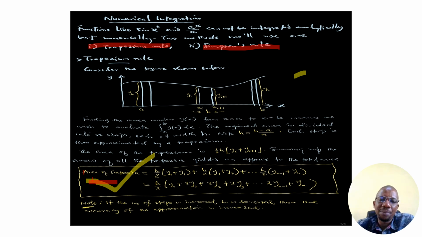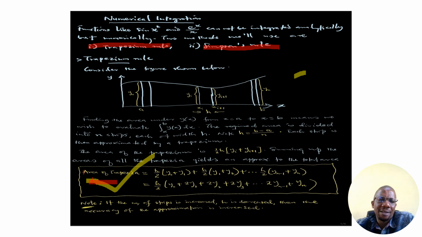Note, if the number of strips is increased, h is decreased, then the accuracy of the approximation is increased. What we're actually doing in numerical integration is finding an estimate, an approximate value of the integral, not the exact one. That's why it is called numerical integration.